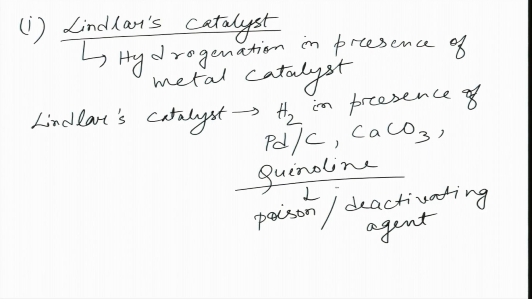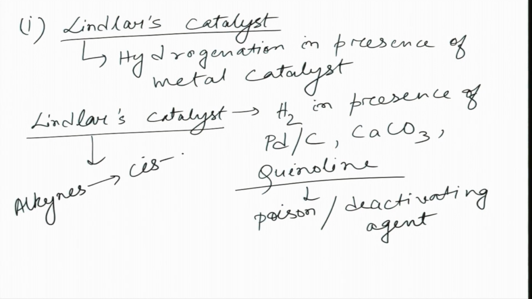For this we require deactivating agents, which are also called poisons. Quinoline is one such poison. The important feature of hydrogenation by Lindlar's catalyst is that it converts alkynes to cis alkenes. Only cis alkenes are formed by this method. Trans alkenes will not form.